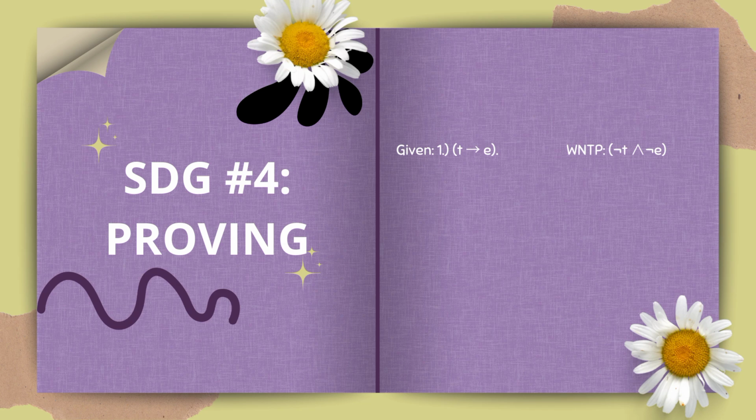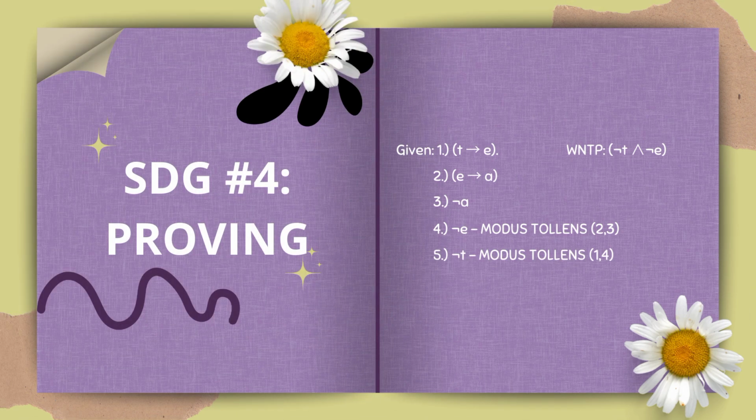The given number 1 is T implies E. This is the first premise. The second is E implies A. This is the second premise. And lastly, negation of A. Next, number 4, negation of E, which is obtained by modus tollens of 2 and 3.